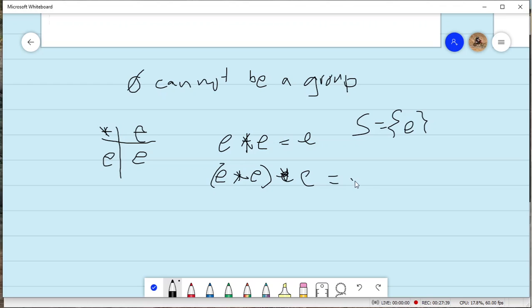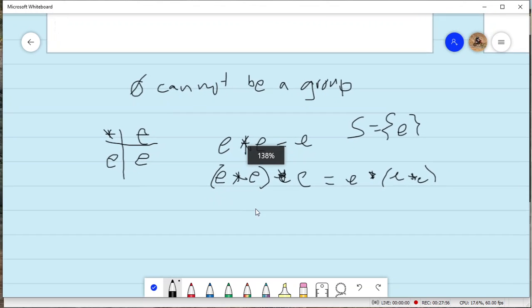So no matter how we group this, the result will be the same, meaning the operation described in this table is actually associative. So the associativity axiom is satisfied by this operation table.